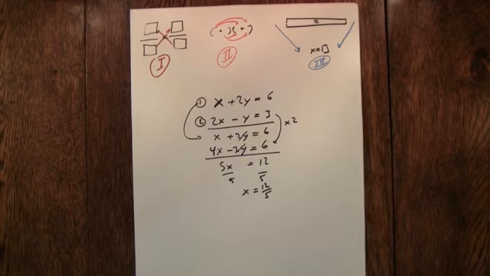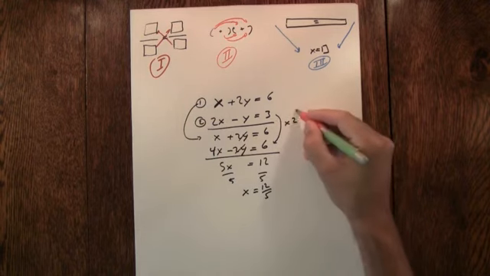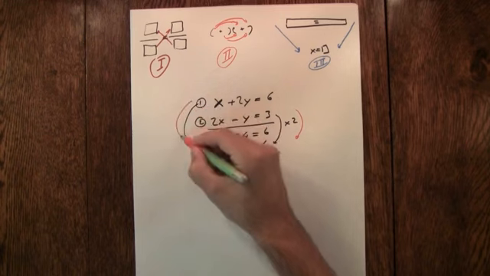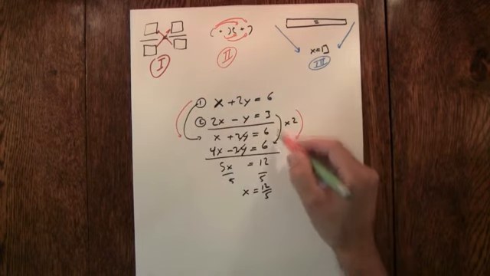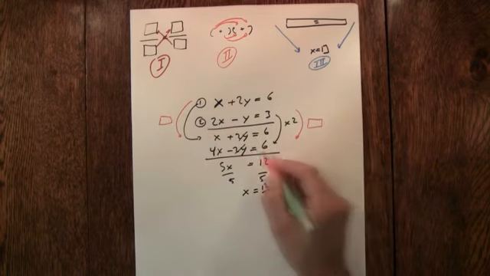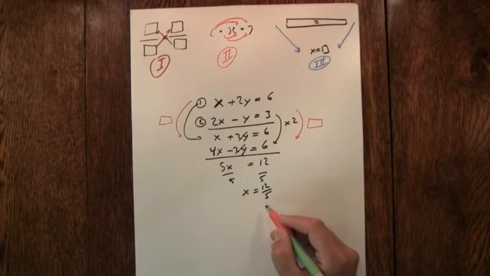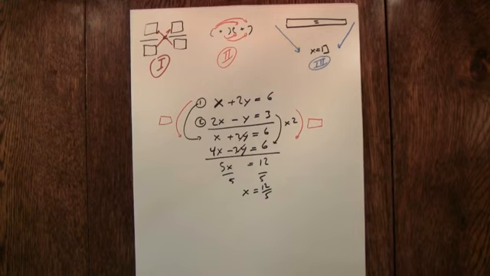Okay, this is a system of linear equations with two variables, and the pattern that emerges here, and you're going to do this a lot if you're doing these things, is you move the equations down if you need to, multiply them by whatever you need to, combine your like terms, add these things, whatever ends up dropping off drops off, and you have x is equal to 12 over 5.